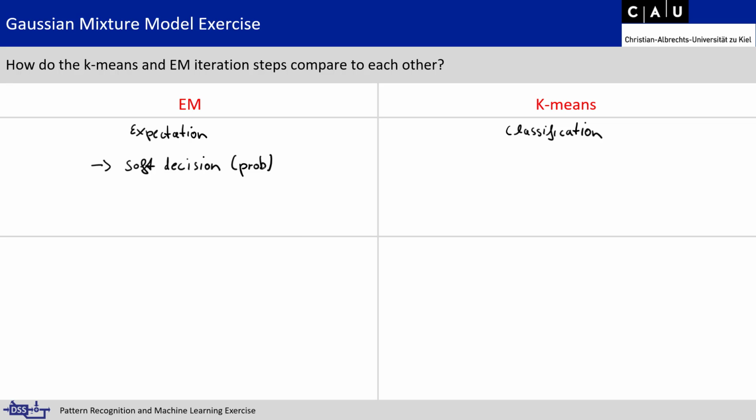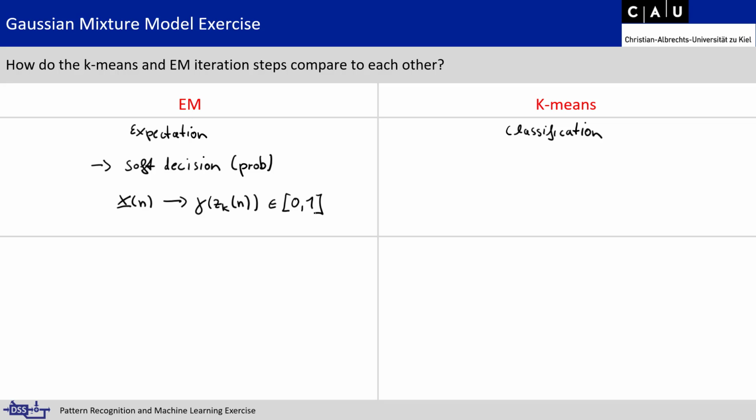So we go from x of n, our feature vector, and we compute the classification probability gamma of zk of n, where zk was the latent variable which took care of the mixture correspondence. And because we're looking at probabilities here, this gamma can then be in the range between 0 and 1 and could take any real values between those two numbers.